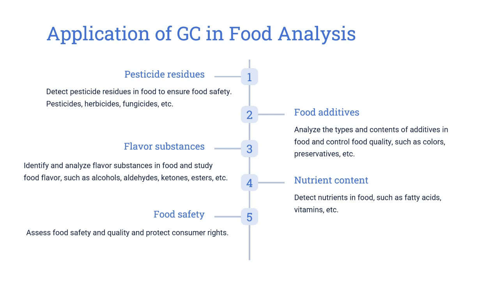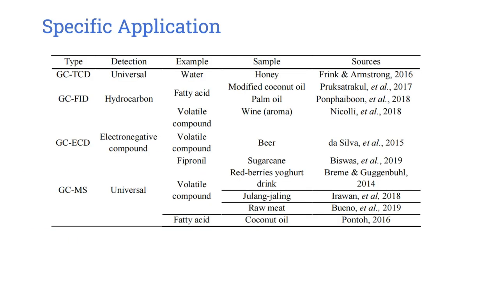The third one is identifying and analyzing flavor substances in food to study and enhance food flavor profiles. The fourth one is nutrient content, detecting nutrients such as fatty acids and vitamins. Finally, overall assessment of food safety and quality, protecting consumer rights.